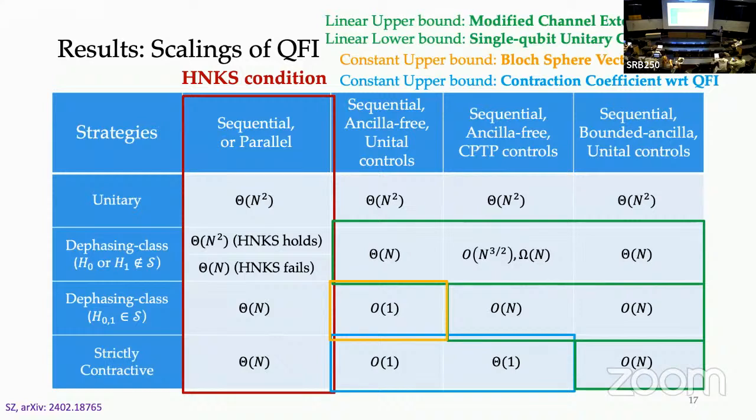But if you fictitiously allow an ancillary system as an input of a quantum channel, then it gives you an expression of quantum Fisher information which is easier to compute. And you can express that using a semi-definite program. And then by using this channel extension method, you can put bounds on quantum Fisher information. And then, for example, you can show that it's at most linear if you use unital control.